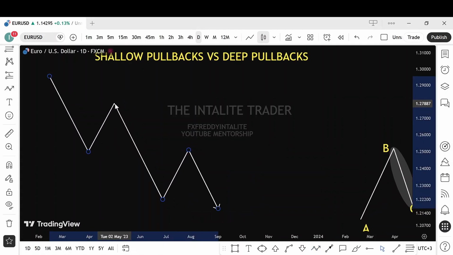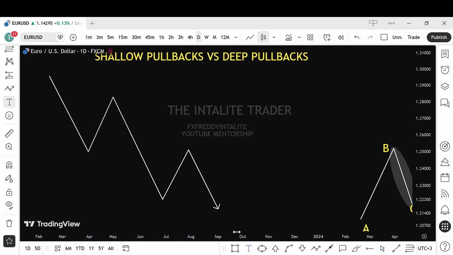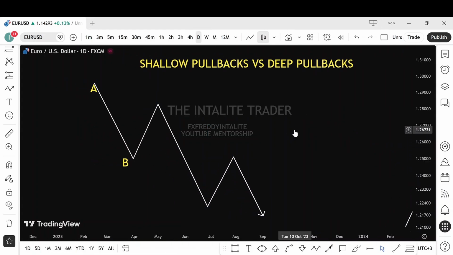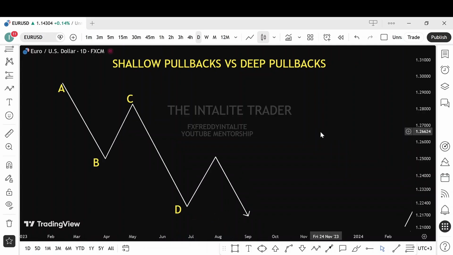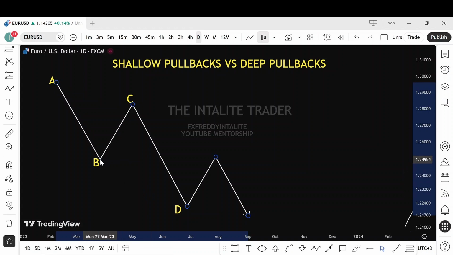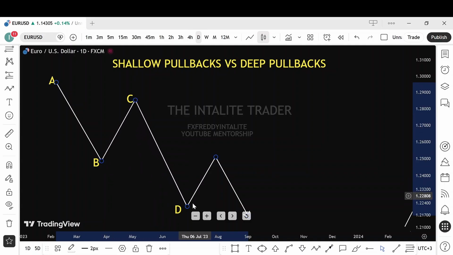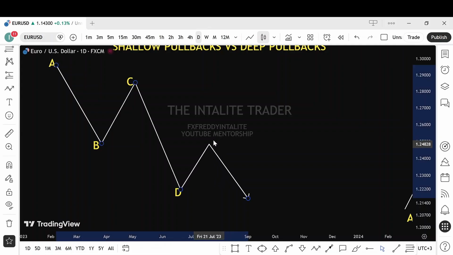If we say this is point A, and then we have point B here, we call this point C, and then this point D. So after this impulsive move to here, price pulls back, and then after this strong move to the downside, price gives you a pullback.